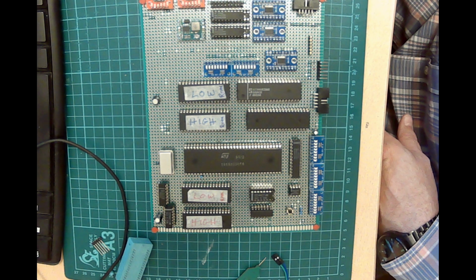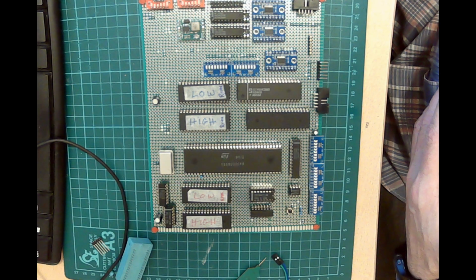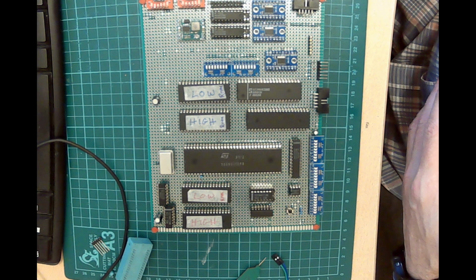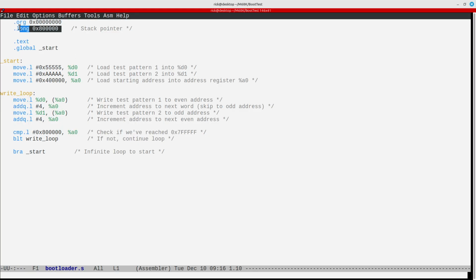So my immediate focus is obviously going to be on debugging. If I look at the code, this is what's currently in the ROM at the moment. In theory, this is the correct address, because it should point at the top of my 4 megs.